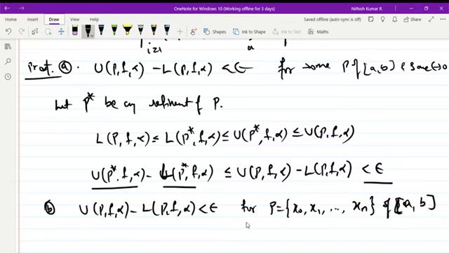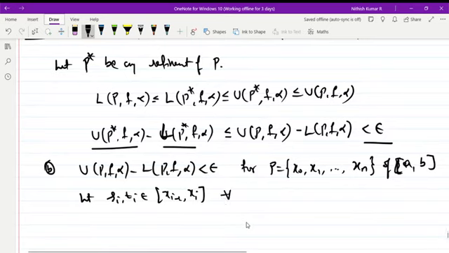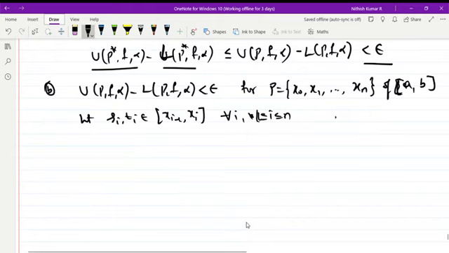Now let si and ti be 2 points in the smaller interval [xi minus 1, xi] for all i between 1 and n. Then see, let's draw.